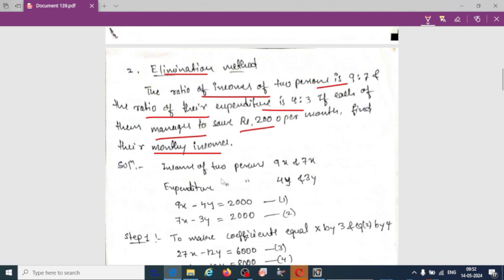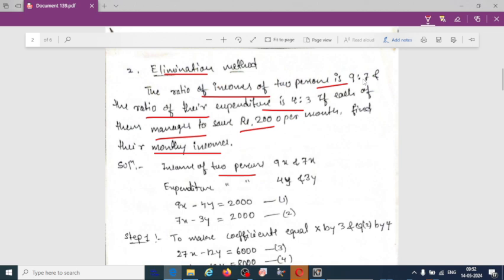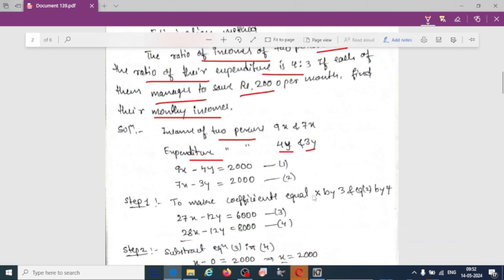The income of the two persons we can consider as 9x and 7x, since they gave the 9:7 ratio, and the expenditure 4:3, that is 4y and 3y. In terms of two variables we have to write income and expenditure. Then they managed to save 2000 per month.